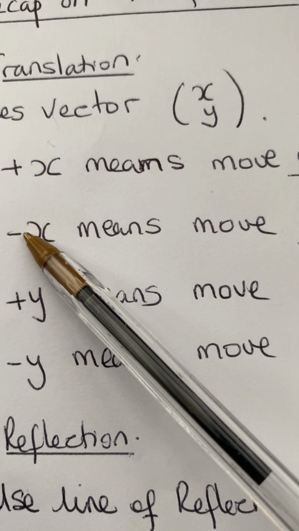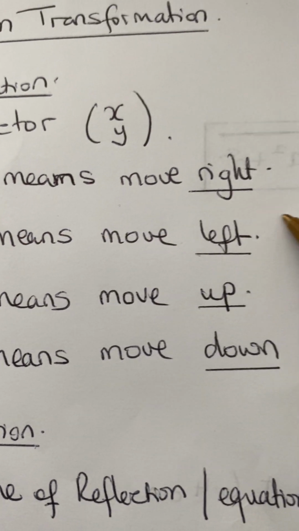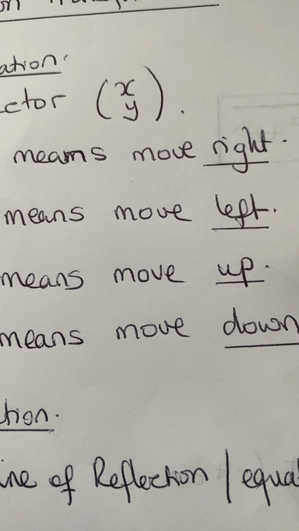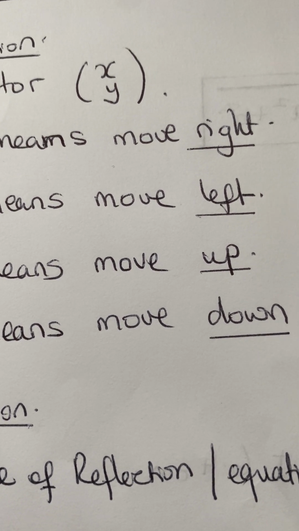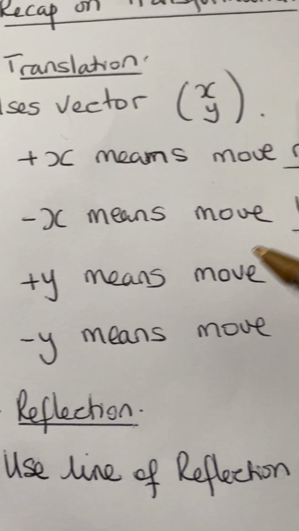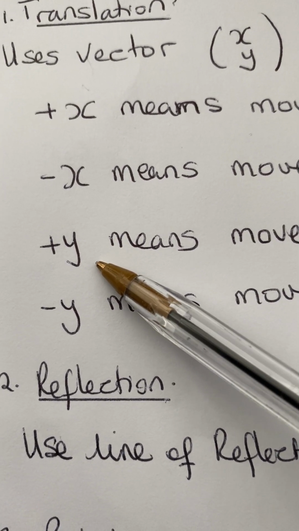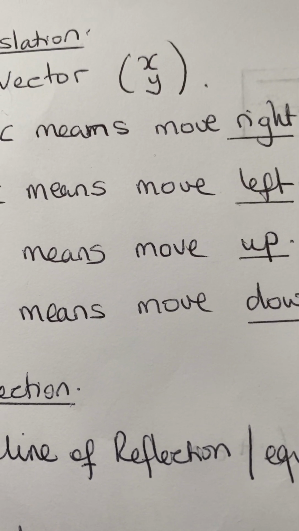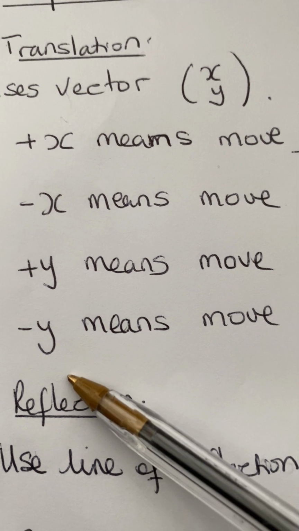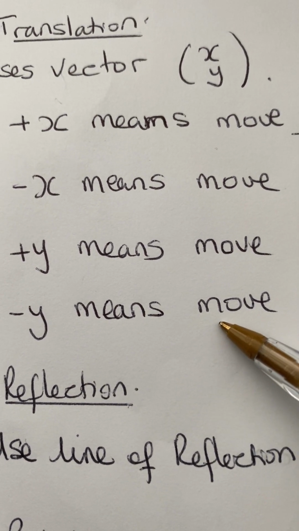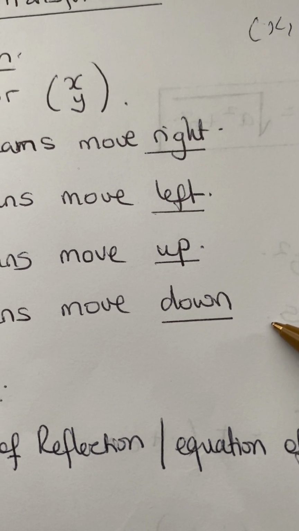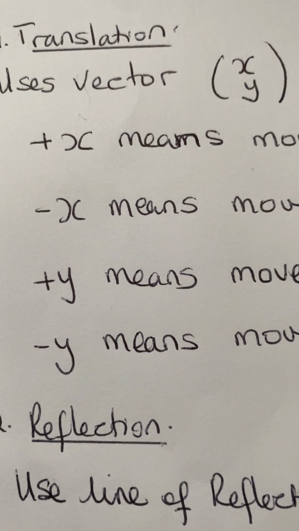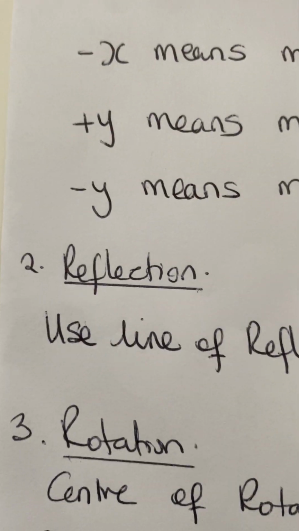And if it's negative for the x, it means move left. Now in the y, if it is a positive value, it means move up. If it's negative, it means move down. Okay, that is what we learned about translation. We used a video to explain that.